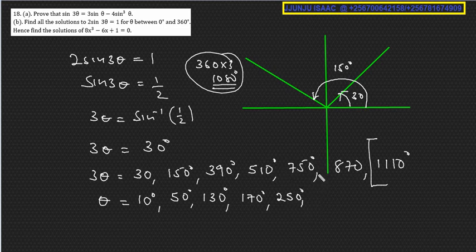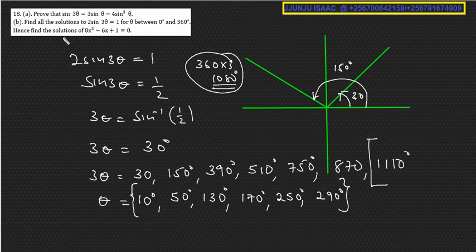Then 870 divided by 3, we get 290 degrees, and we stop here. So this is the solution. These are the angles. You can see they are between 0 and 360.